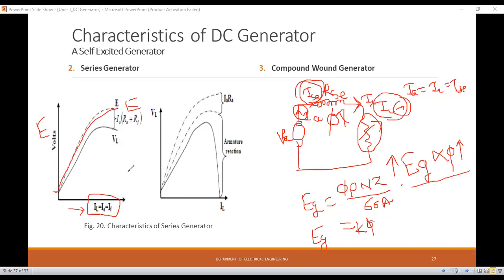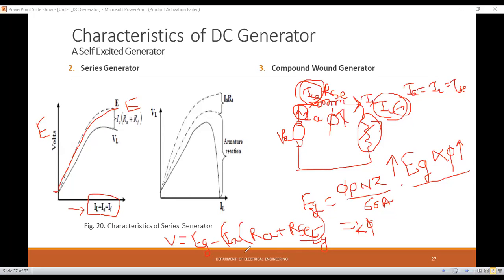Now in case of external characteristics, the armature drop will be taken into account. I have already told you the voltage equation of the DC series motor: V is equal to Eg minus Ia into (Ra plus Rse).